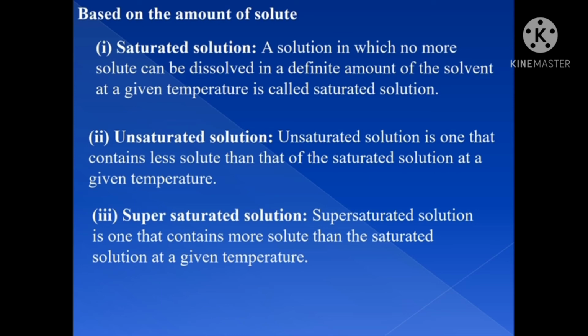An unsaturated solution is one containing less solute than the saturated solution at a given temperature. Here also we take the same quantity of water at room temperature. If you add 10 gram or 20 gram of sodium chloride to it, that means a small quantity of sodium chloride, that solution is called an unsaturated solution.